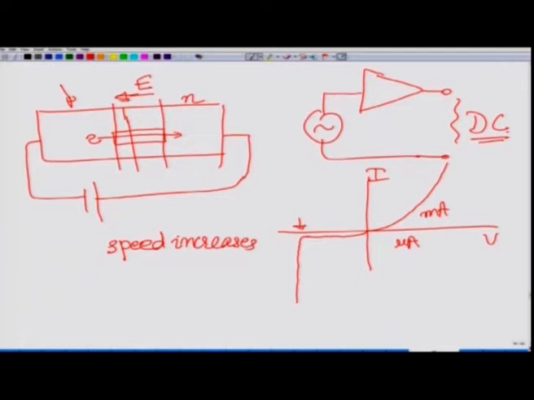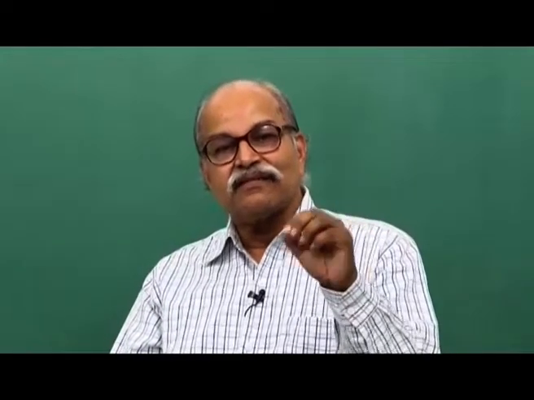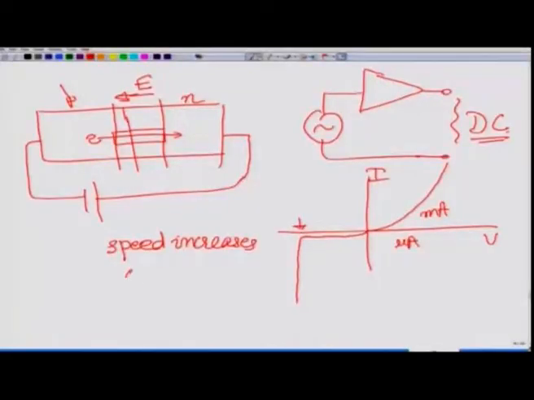and if the reverse bias voltage applied is high enough, and the depletion region is wide enough, it is possible that the speed increases so much that when it collides with a valence electron, it just knocks it out. So, these electrons, when they are going in this depletion region, collide with valence electrons, the bonded electrons, and if the speed is high, it is possible that the bonds are broken.